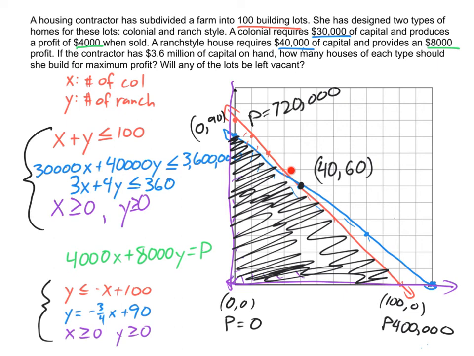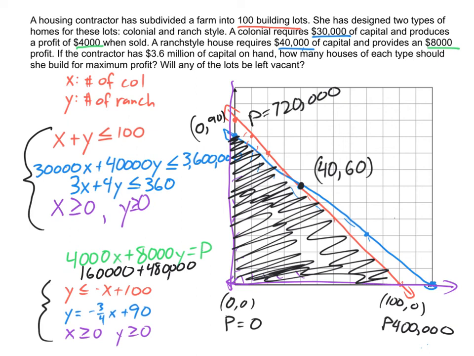And then I have my last one, which is going to be this point right here. So I'm going to plug 40 in here and then 60 into here, which ends up giving me 40 times 4,000, which is 160,000, plus 8,000 times 60, which is going to be 480,000.